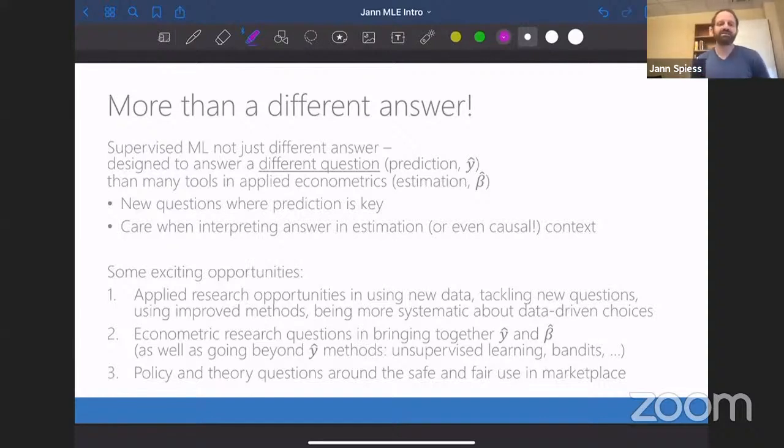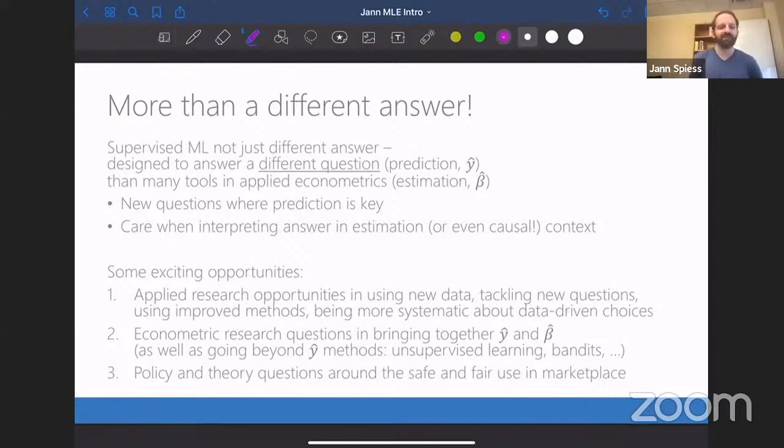And something I'm very excited about recently in econometrics is also going beyond the simple supervised learning, so going beyond the simple prediction. Machine learning also offers tools that work very similarly on, for example, clustering or on dynamic experimentation. And so things like unsupervised learning and bandits will also appear in our program this week.